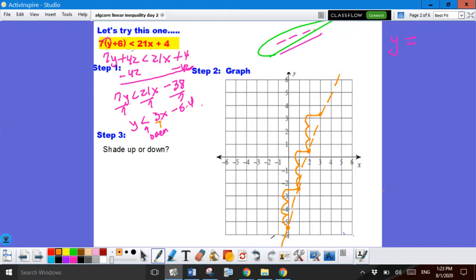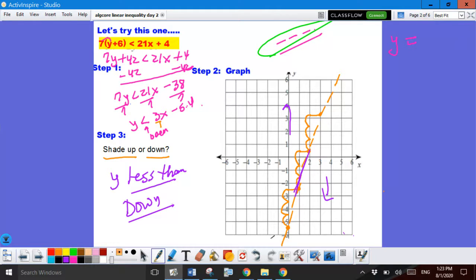So I'm going to dash a line between those points. Okay, now, am I going to shade up or am I going to shade down? Well, what does this say? It says y is less than. So I am right here on my line. Where's less than? Is it up or is it down? Well, less than means shade down.